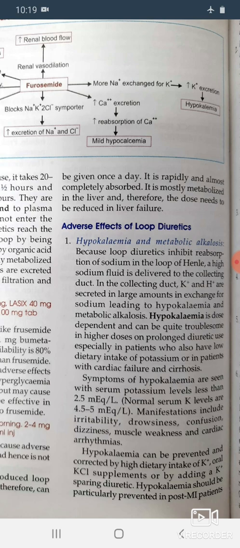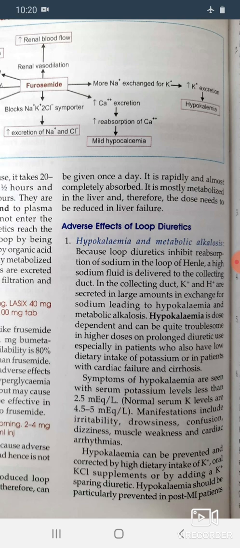The symptoms are irritability, the mood becomes very irritable, drowsiness, confusion, dizziness, muscle weakness, and cardiac arrhythmias. When these symptoms appear, there is hypokalemia, reduced potassium in the blood, and that can be corrected in three ways.